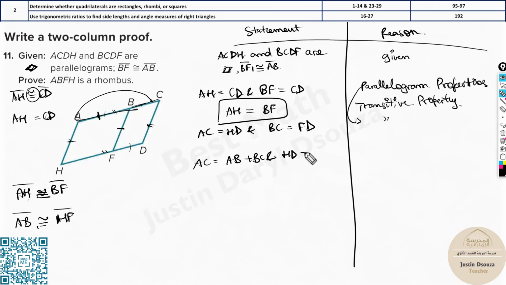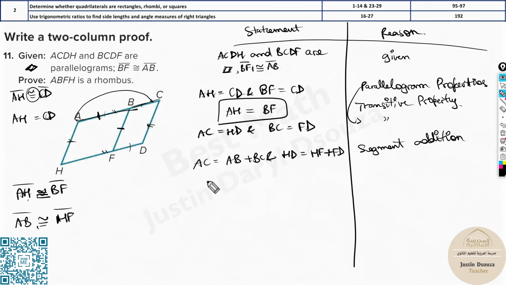And here HD will be equal to HF plus FD. Why? Because this is segment addition. And then what else? If I know AC and HD, now we know AC and HD are equal.